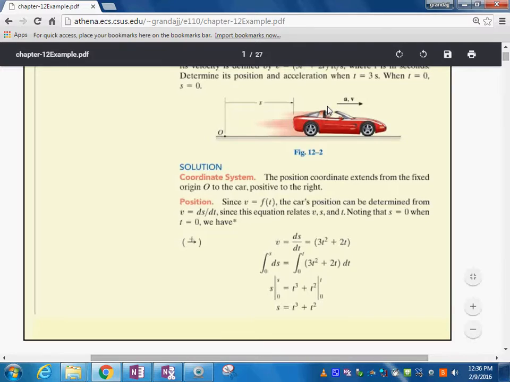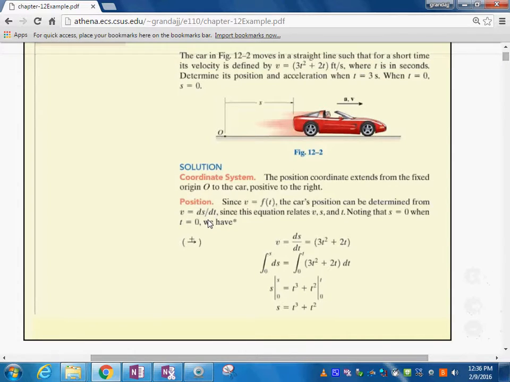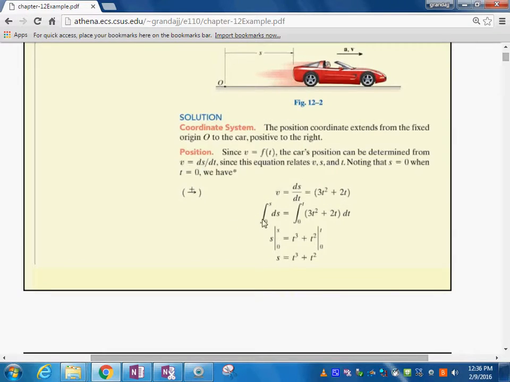Since the velocity is a function of time, the position can be determined by v equals ds/dt. Since this equation relates v, s and t, in this case when t is 0, s is 0, and the velocity is 3t squared plus 2t.